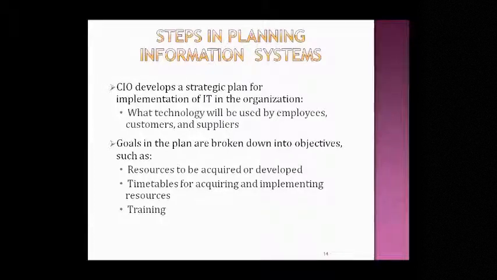Such as we have resources to be acquired or developed, and the timetable for acquiring and implementing resources. For a timetable, that means we have a project schedule, okay? The duration of how long we're going to acquire and implement those resources. The training, of course, we need to have the training of all our employees.